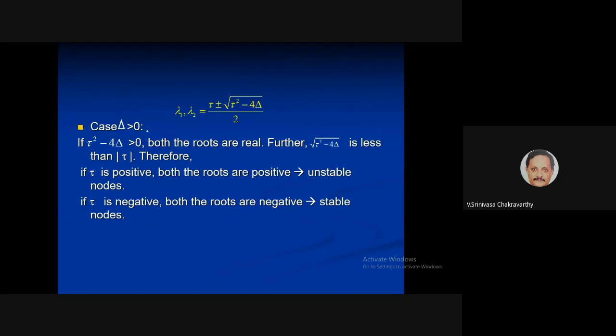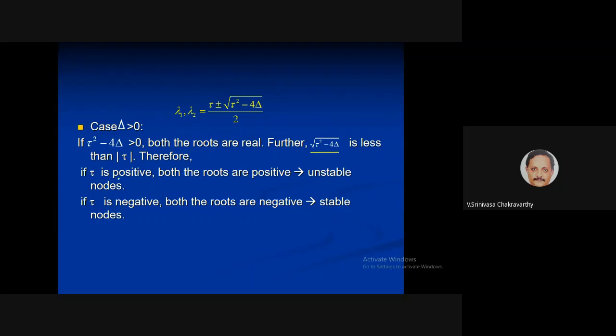Now, if delta is greater than 0, tau squared minus 4 delta can be positive or negative. Let us take a subcase of tau squared minus 4 delta being positive, but the magnitude of the square root is less than tau.